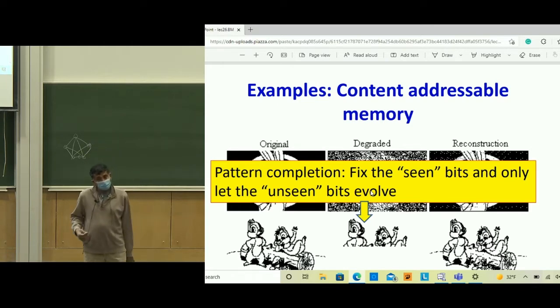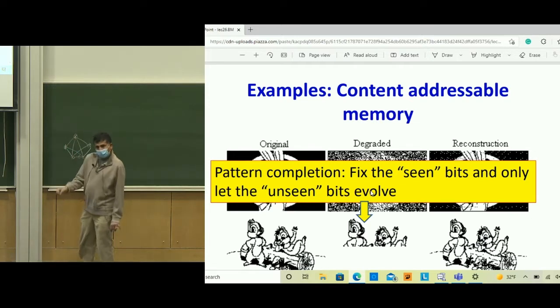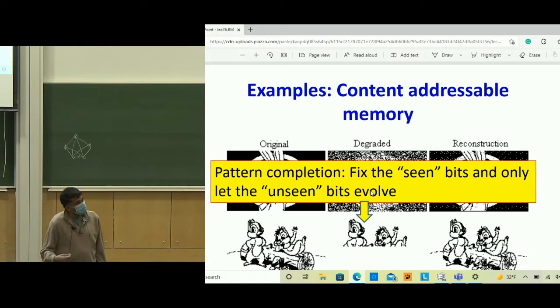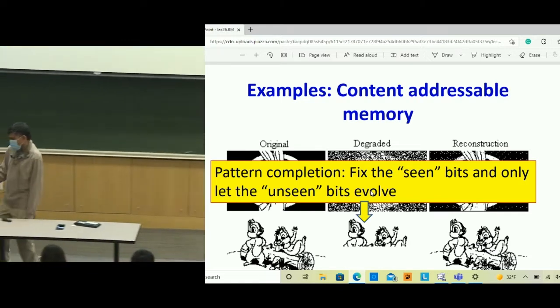And it's going to clean up the energy. In the pattern completion, you know the values of some bits. You just don't know the values of the remaining bits. So you fix the values of the bits that you do know and let the network evolve. The rest of the bits are going to keep flipping back and forth till they settle down, and they're going to reconstruct the entire data. Very cool.